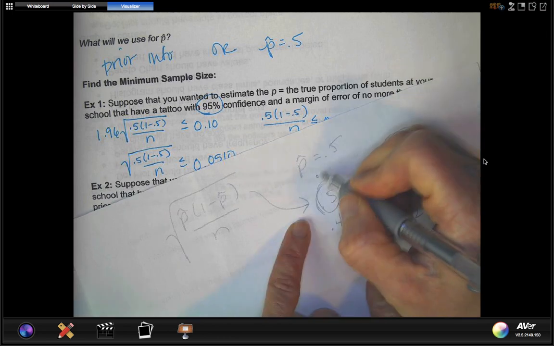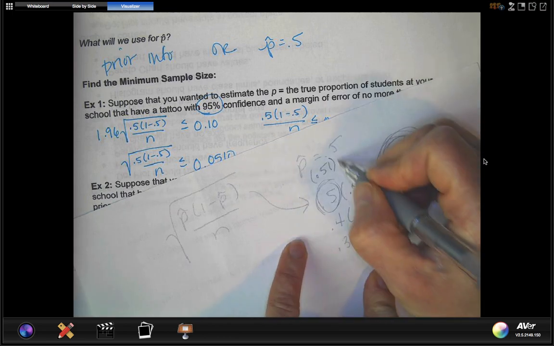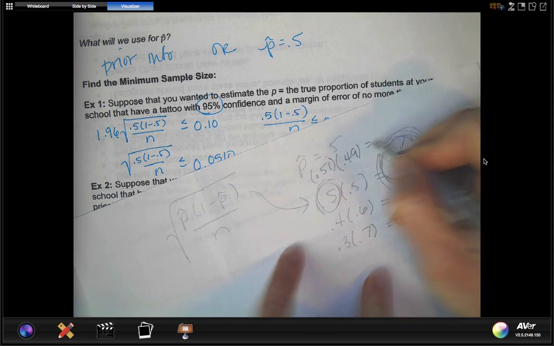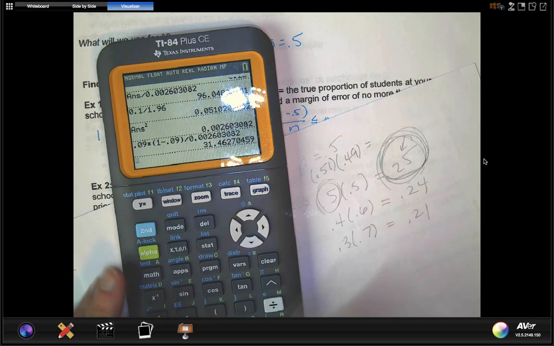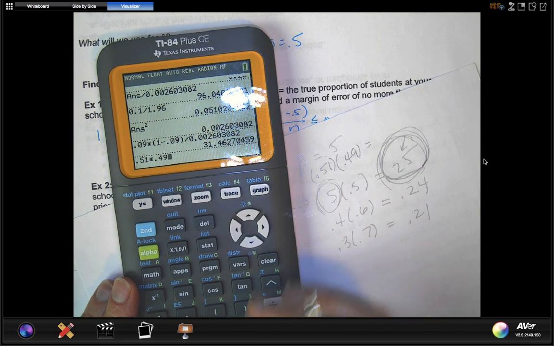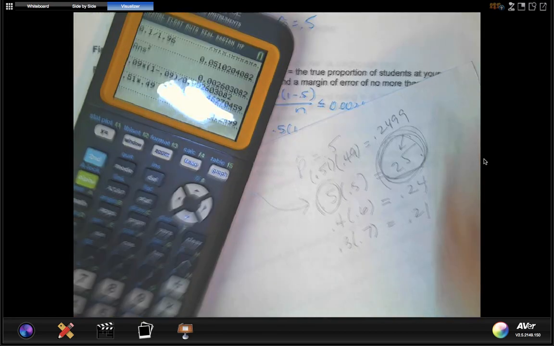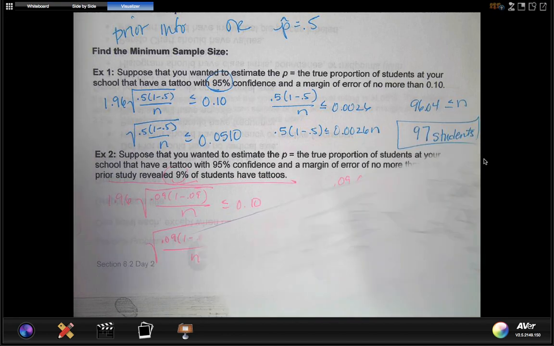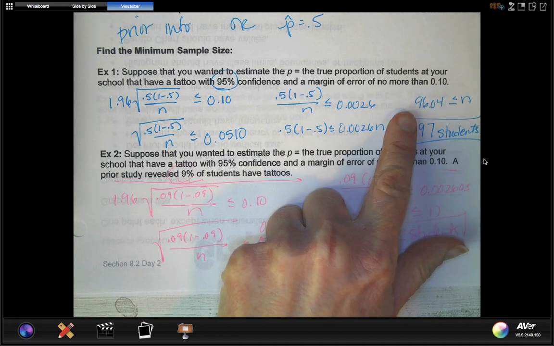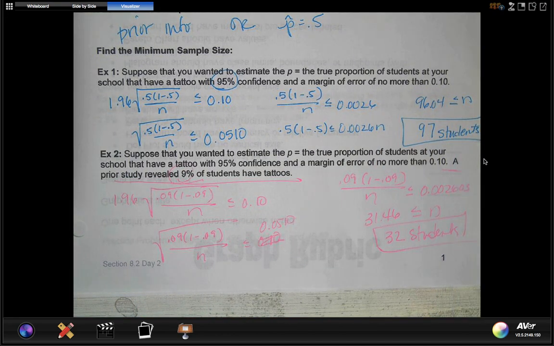Oh, well, what if you pick 0.51, Mrs. Painter? Okay, 0.51 is going to be 0.49, and I can't do that math in my head, so I got to grab my calculator. But look, still, nothing is bigger than that. So that is my conservative method. If I have no prior information, that is giving me the highest minimum sample size I would need. Okay? So that's why it works.